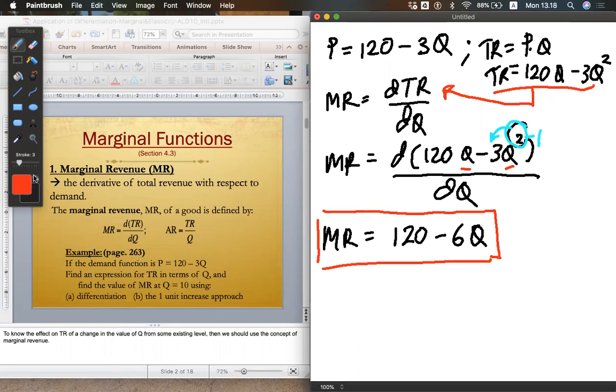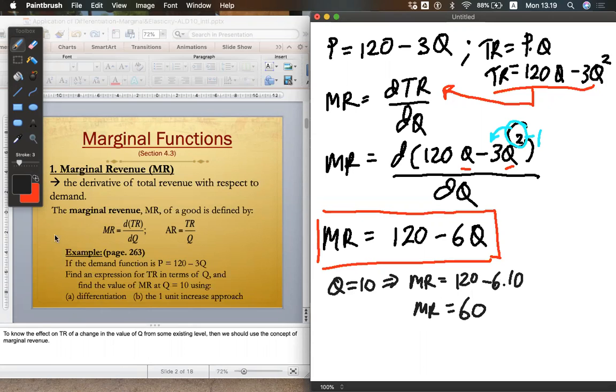So we need to insert Q equals 10 in this equation. So MR equals 120 minus 6 times 10. MR equals 120 minus 60. This equals 60. The MR is 60.